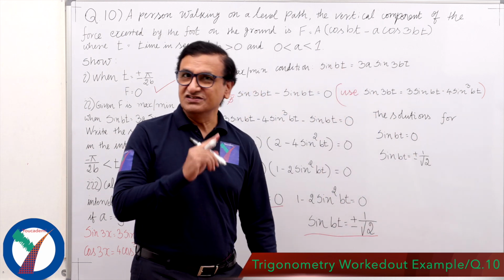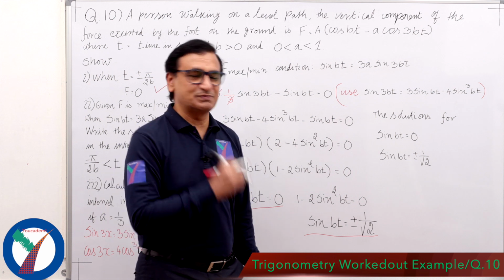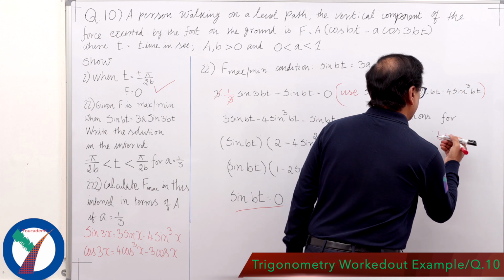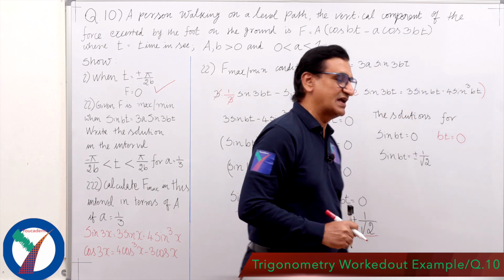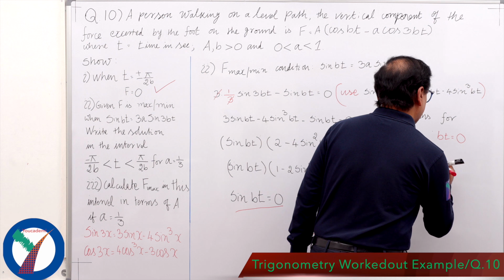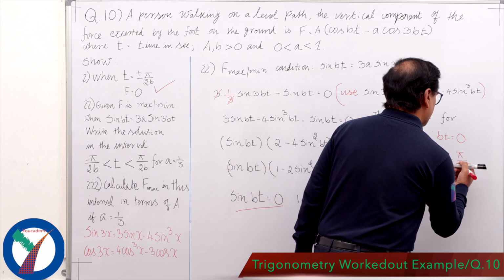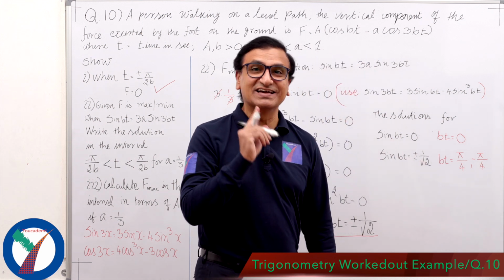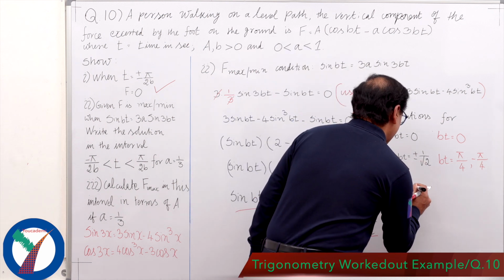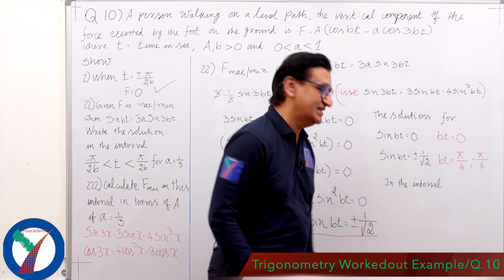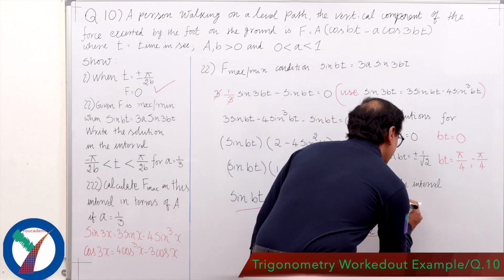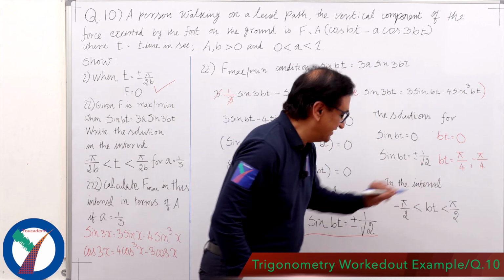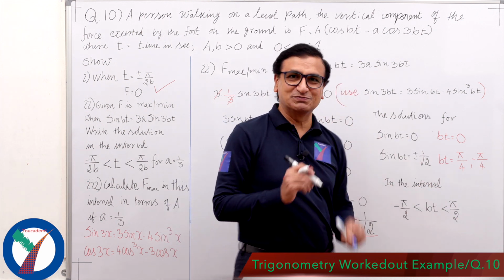The solutions are 0, pi by 4 and minus pi by 4. So this is bt equals 0 and bt equals pi by 4, minus pi by 4. And remember, in the interval bt lying between minus pi by 2 to plus pi by 2.